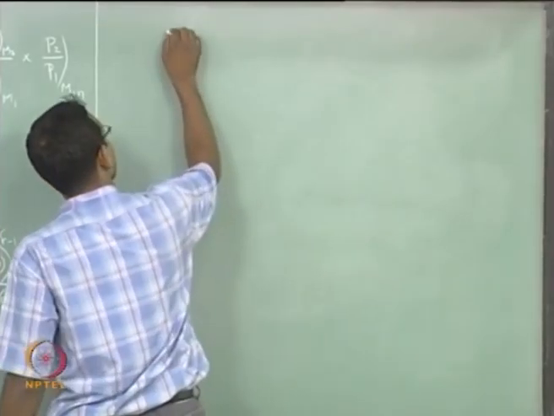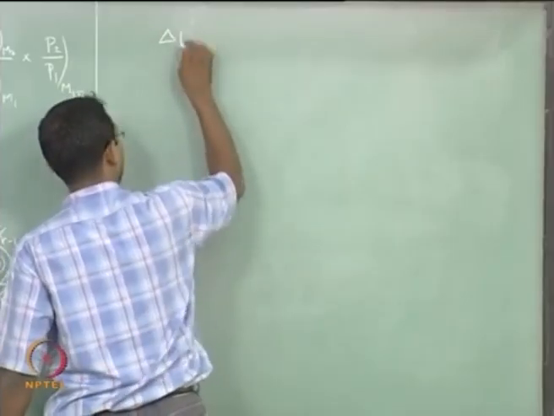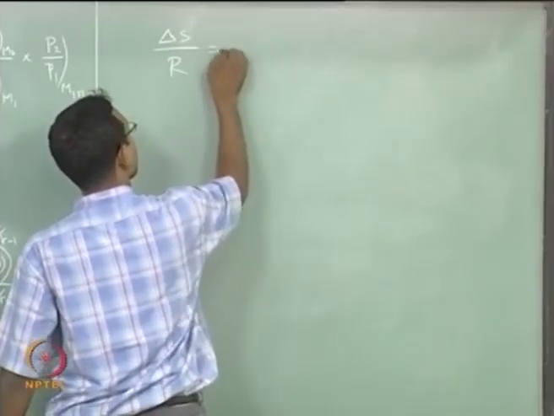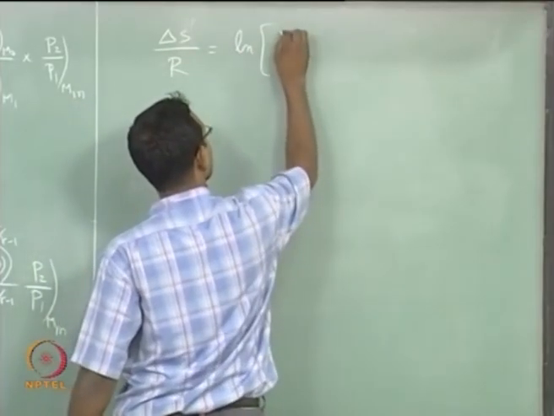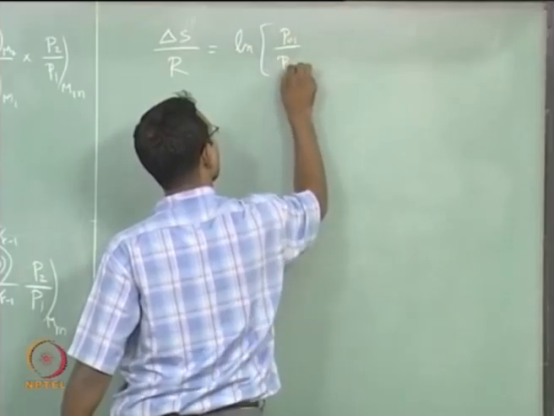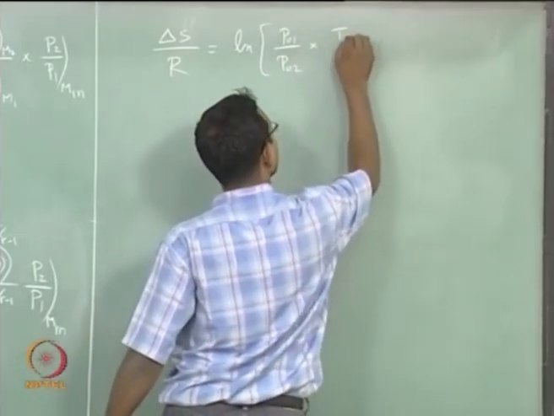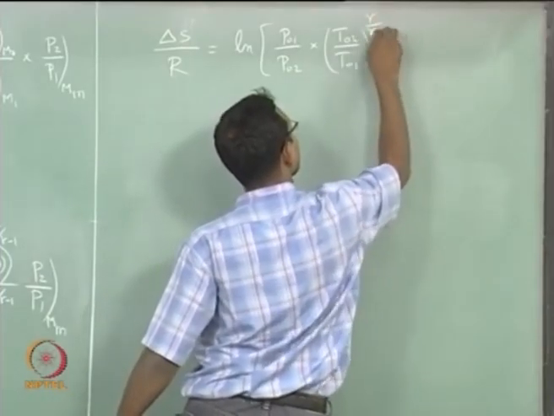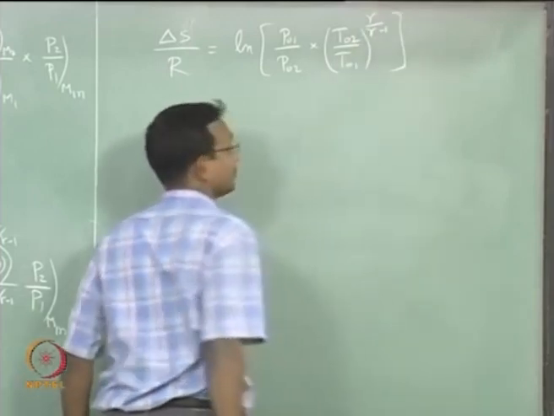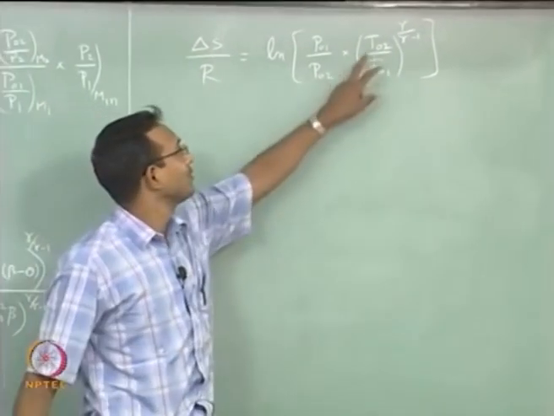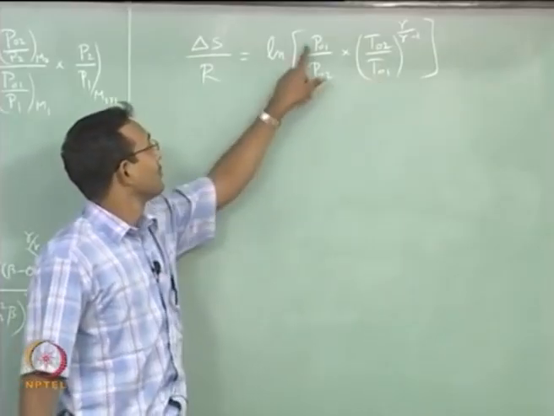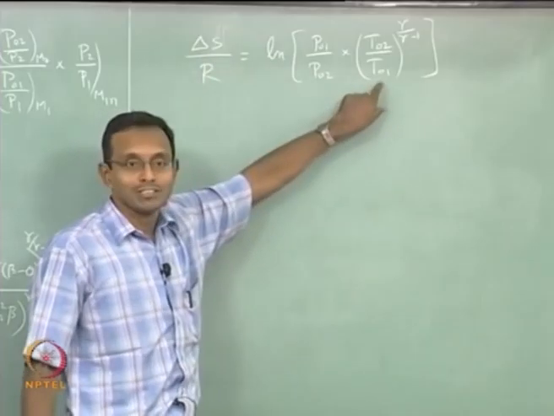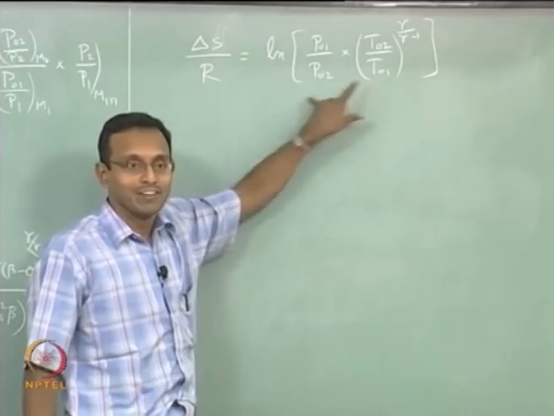We had this formula delta S, which we said for normal shocks T naught equal to T naught 1, and so it became log of P naught 1 by P naught 2 for delta S by R. And we said in moving shocks this is not equal to 1, and so we have to keep the whole term.